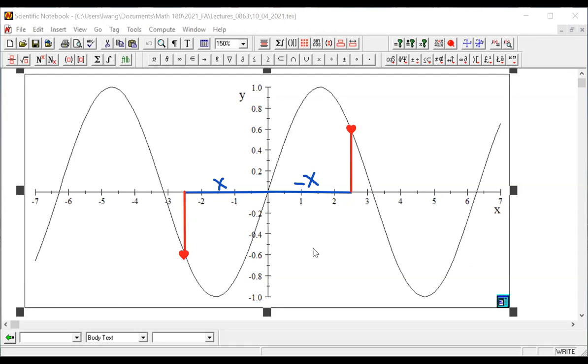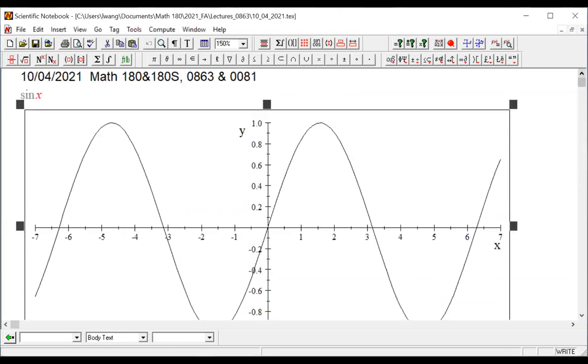I cannot just say, oh, look at this, look at that, this is the proof that sine is an odd function. No, that's not a proof. That's just a visual. To demonstrate to you it is an odd function, I have to show you a lot more. Basically I have to prove it, and it has to be much more rigorous.